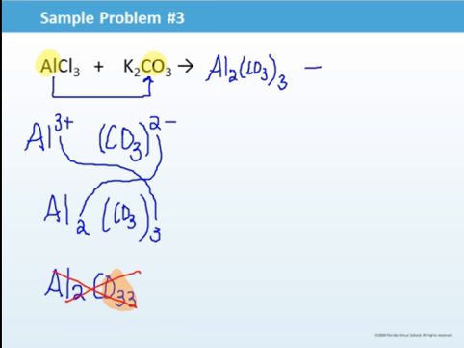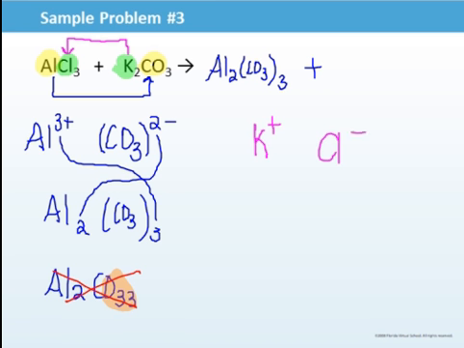Now we need to form the formula for the second compound. And remember, it's the positive of the second compound forming a bond with the negative of the first. And so we get K and Cl. Look up on the periodic table of common charges. We get K plus. Cl is a -1.